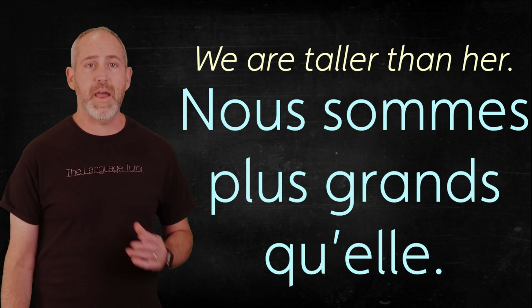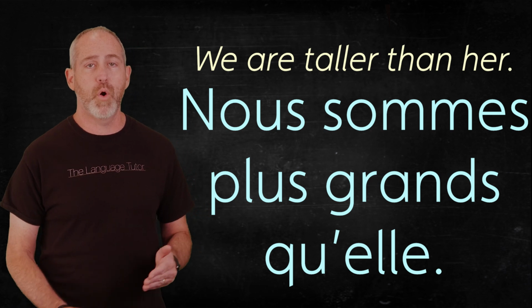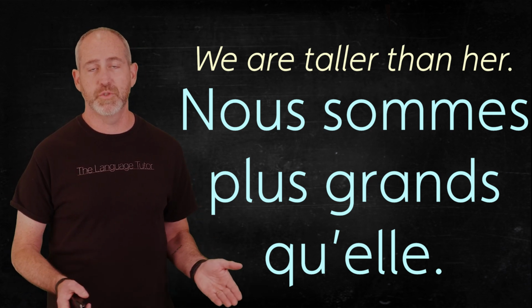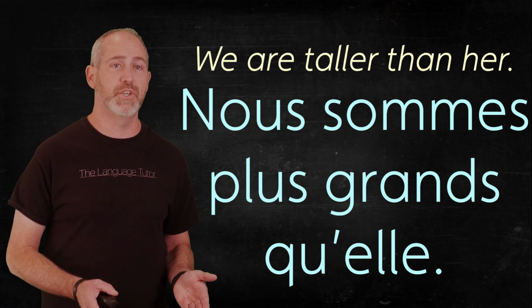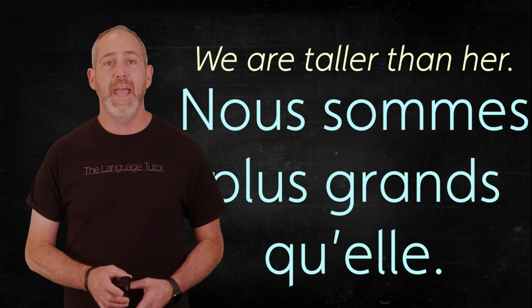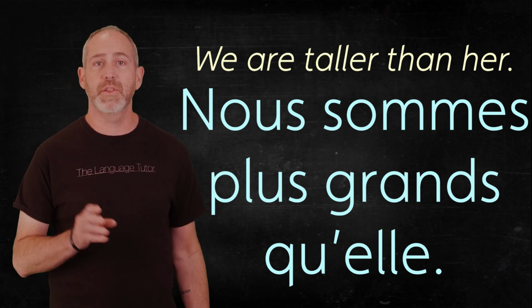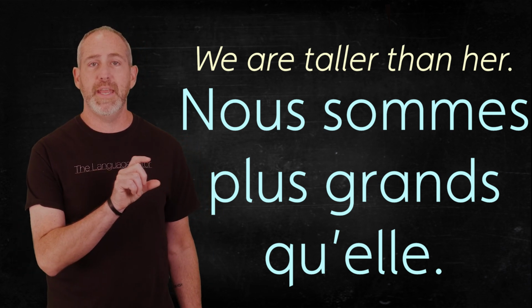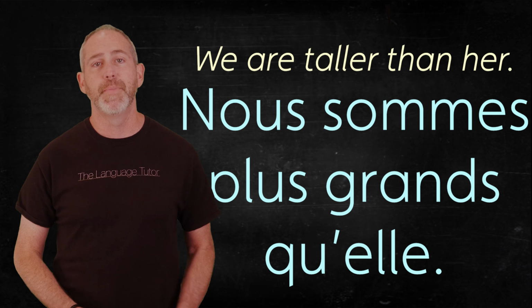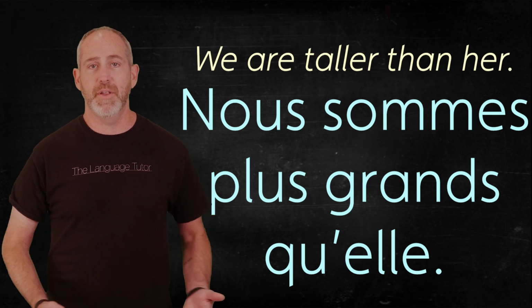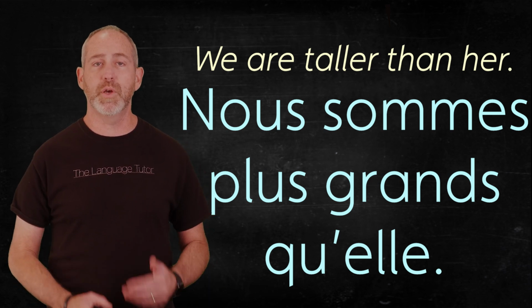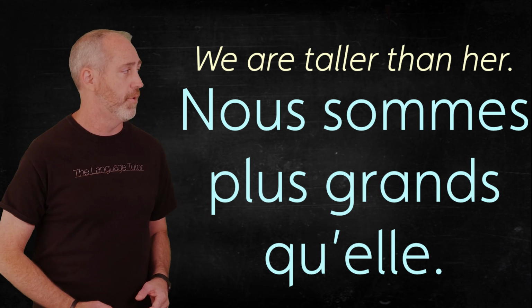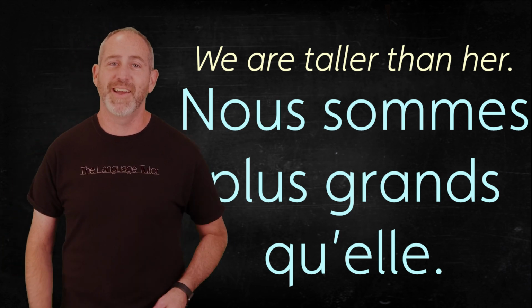Now, so we're really saying we are more tall, or it can also be big, but it's used as tall as well in French, than her. And you'll notice that in this case, we took the que, and because it ended with E and started the next word with an E, we made it apostrophe E, just like we've done many times before. So we get nous sommes plus grands qu'elle. Kind of runs together. All right.